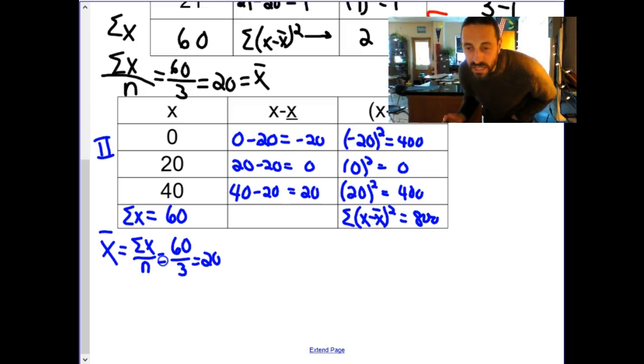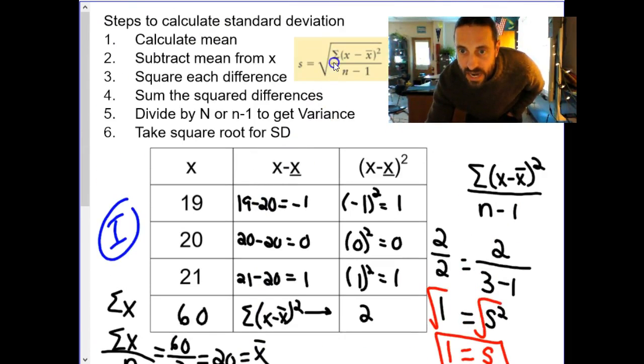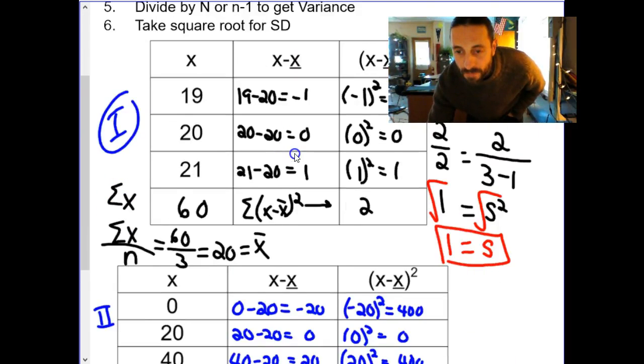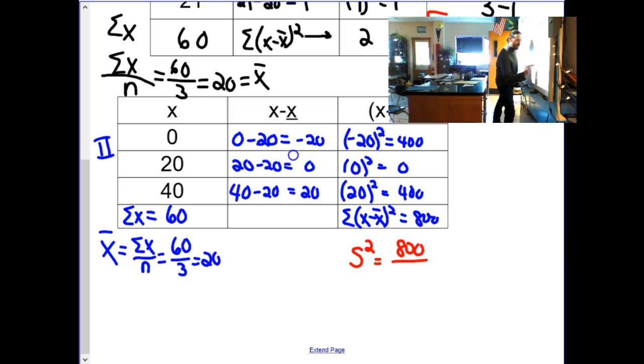Holy moly. All right, well, now let's continue with the formula. Again, the formula says, hey, I'm not done. I need to take that number and divide it by n minus 1. All right, so let's do that. So now I've got, change colors, s squared equals 800 divided by 2, which is 400.